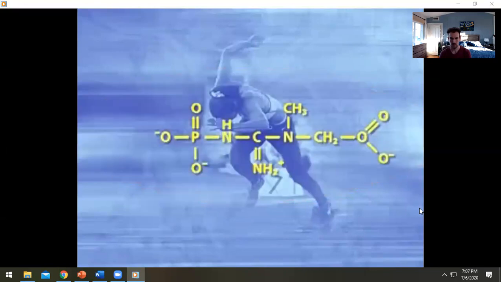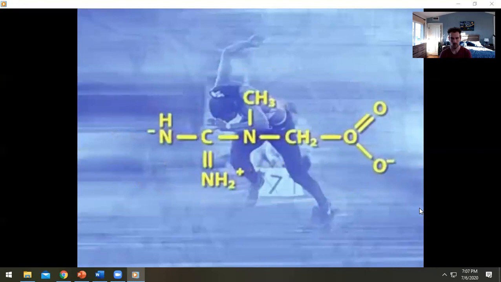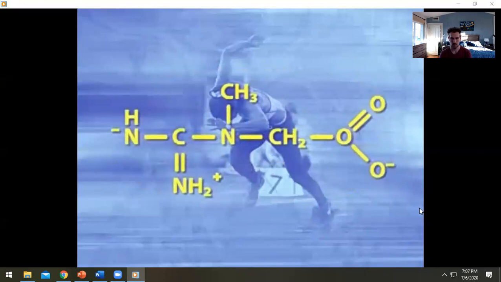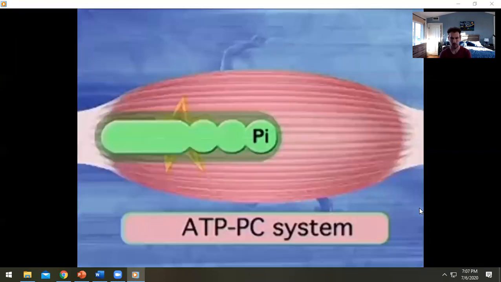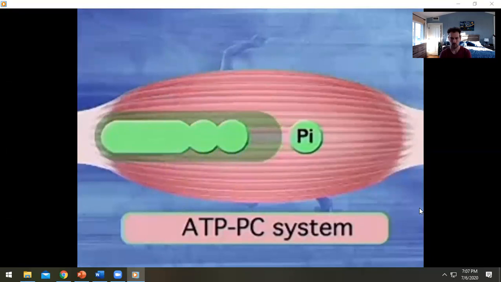When PC gives off its phosphate group, a molecule known as creatine is left. For this reaction to take place, an enzyme called creatine kinase must be present. This series of reactions is the basis of the ATP-PC energy system.